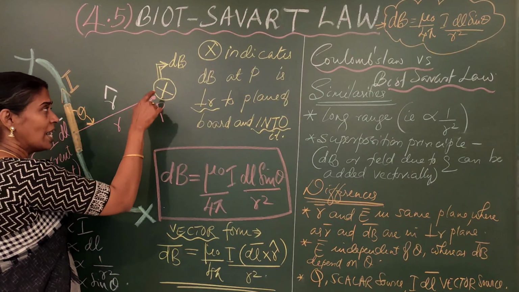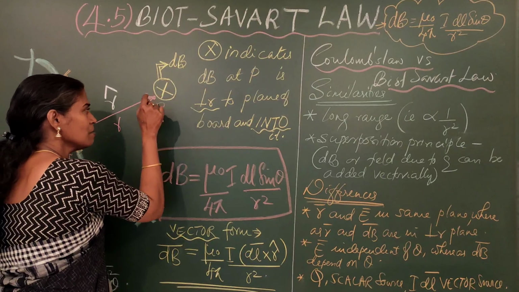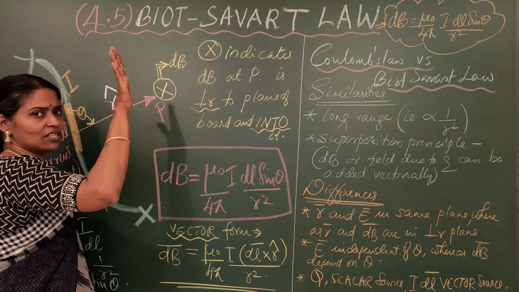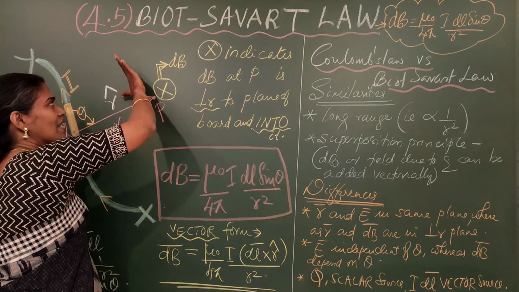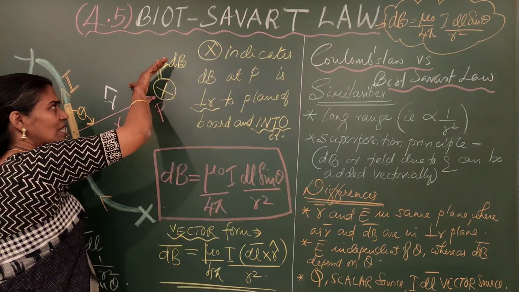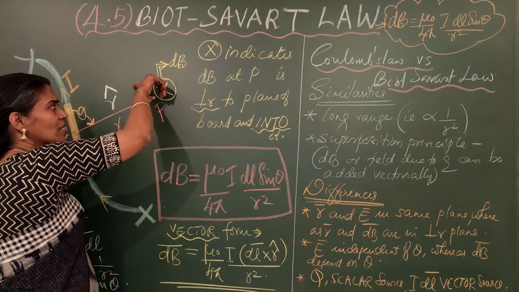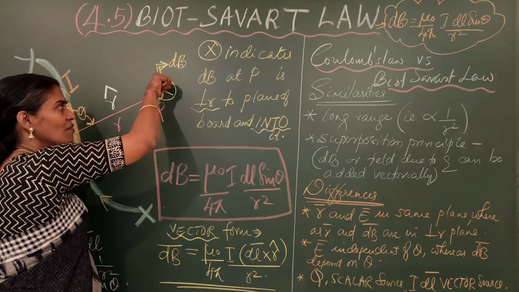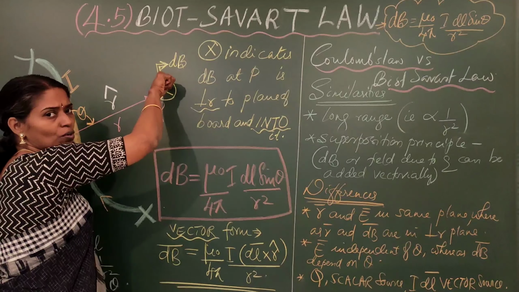Why? I have to find the magnetic field at the point P. So for the point P, I take my right hand in this manner. This is the direction of my dl, this is the direction of my r cap. Curling in this manner, what about the thumb? The thumb is pointing well into the plane of the board.